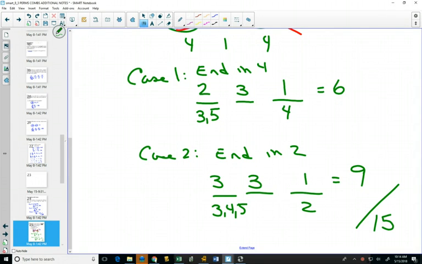Add them up, and there would be 15 ways in total. So as long as we count our cases separately and we keep going through, okay, how can I break this up to count it separately? If I do all the even numbers that end in 4, there's 6 of them. Then if I do all the even numbers that end in 2, there's another 9.